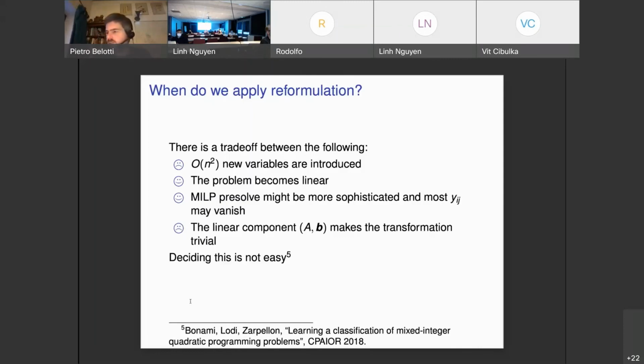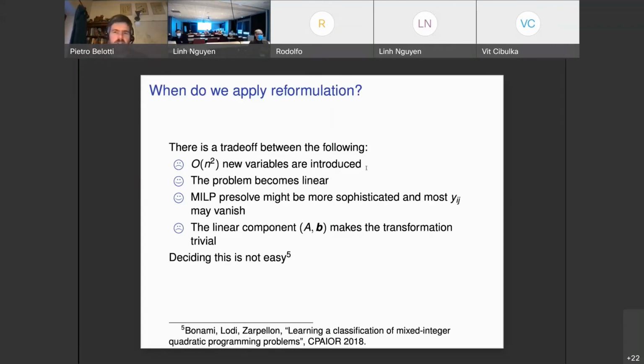It's very hard to understand when one should apply this technique, because obviously there is a trade-off. There are a lot of things that need to be decided. One problem with this is that obviously O(n squared) new variables are added. Those variables might be many, but at least the problem becomes linear.